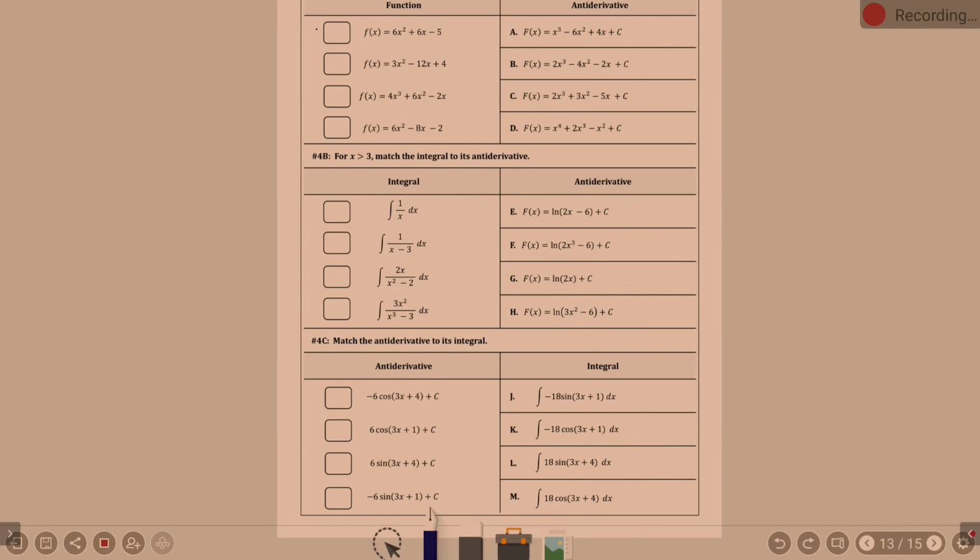Take a moment before you say anything out loud. Has everyone had a chance to give their guess? In their head, at least? What do you think? C? And here's the deal. You know you're looking for something that is x cubed, right?